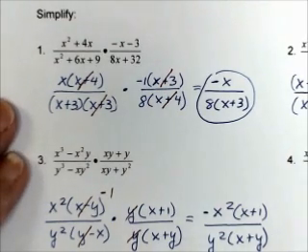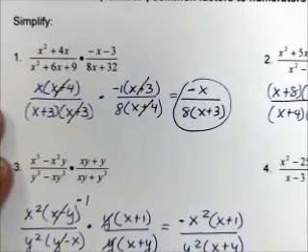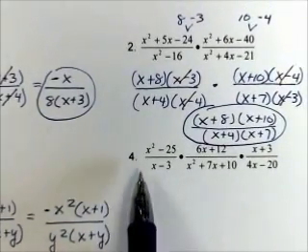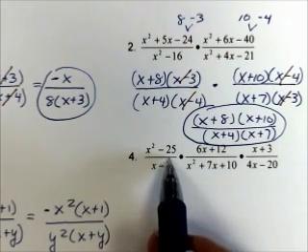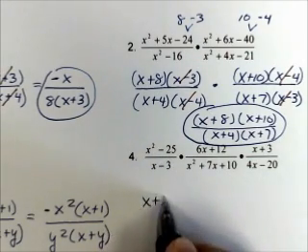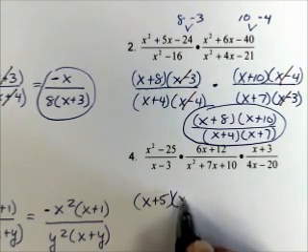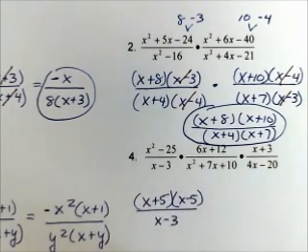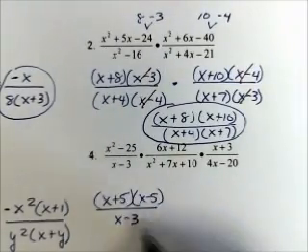Number 4, we're multiplying 3 rational expressions. Follow the same rules, right? You are factoring first. Difference of two perfect squares: (x plus 5) times (x minus 5). x minus 3, the denominator does not factor, so we just copy it.